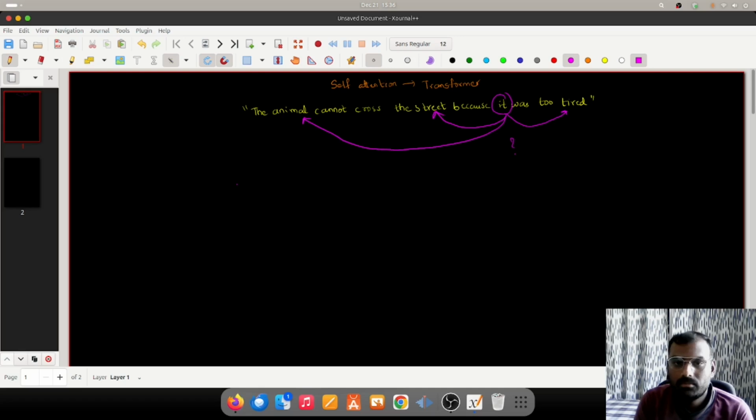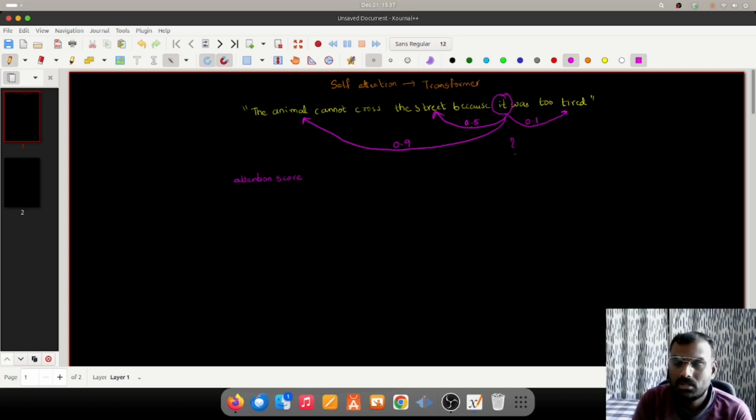Simply, we can say that we are going to calculate an attention score for this mapping. Here the word it is mapped to animal, so this mapping will have a score of some 0.9, and the other words it is mapped to will also have some score like 0.5, and another word 0.1.